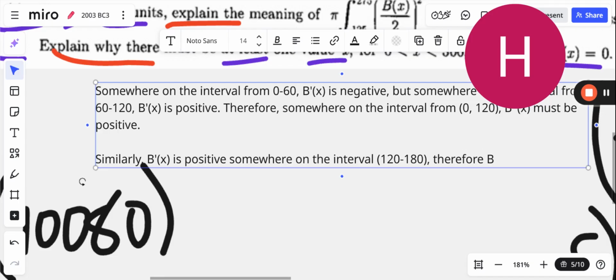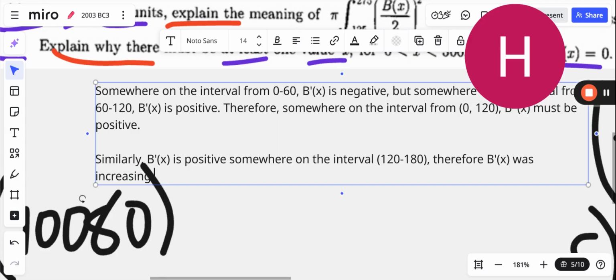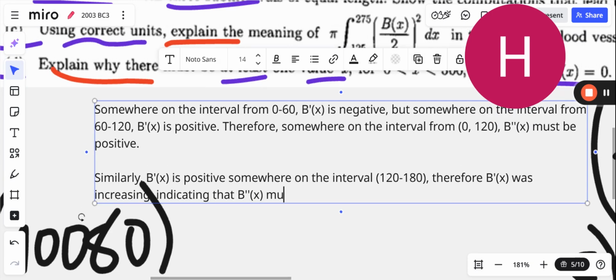Therefore, B prime was increasing, indicating that B double prime must be negative somewhere on 60 to 180.